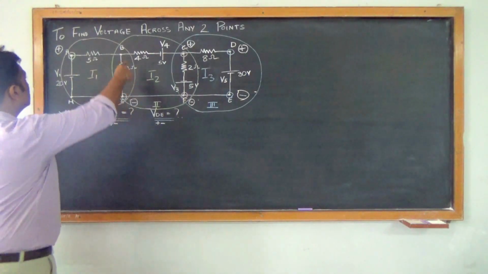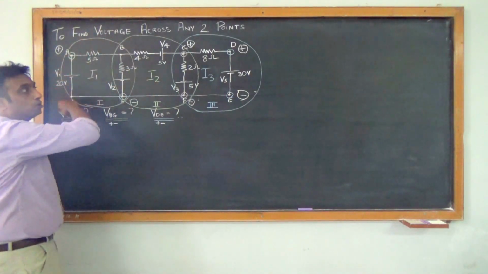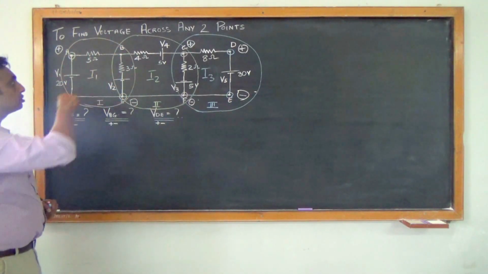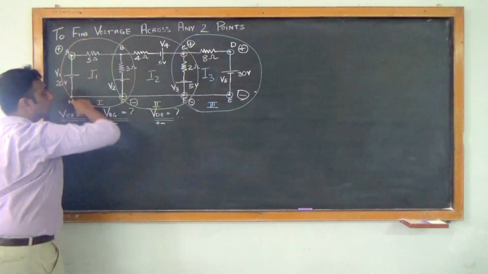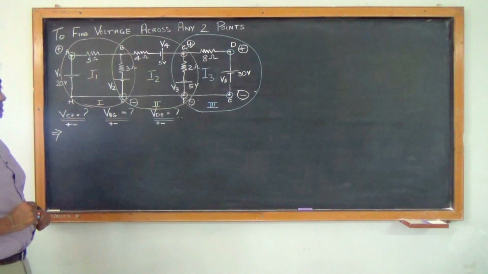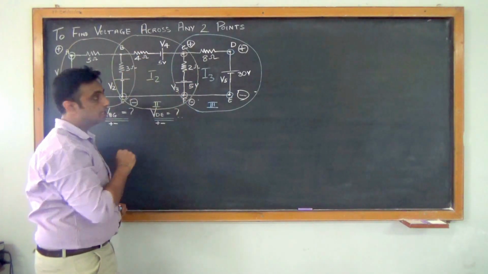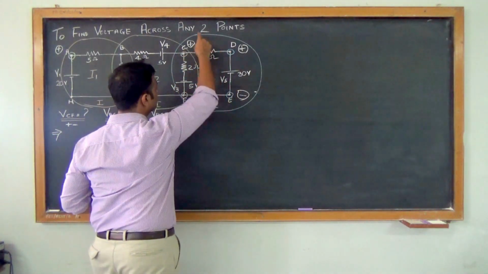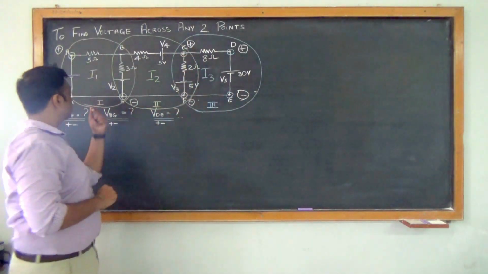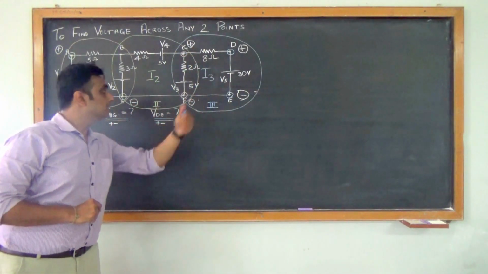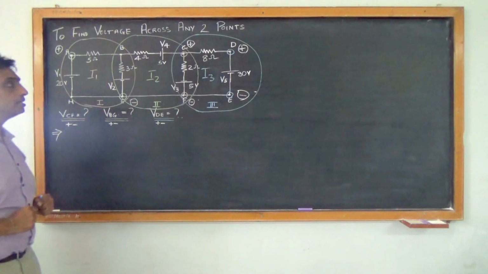First thing is circle the loop or circle the mesh. So this is one loop, so I'll call this loop 1. This is a second loop, so I'll call this loop 2. And this is the third loop, so I'll call this loop 3. So we circle the independent loops.